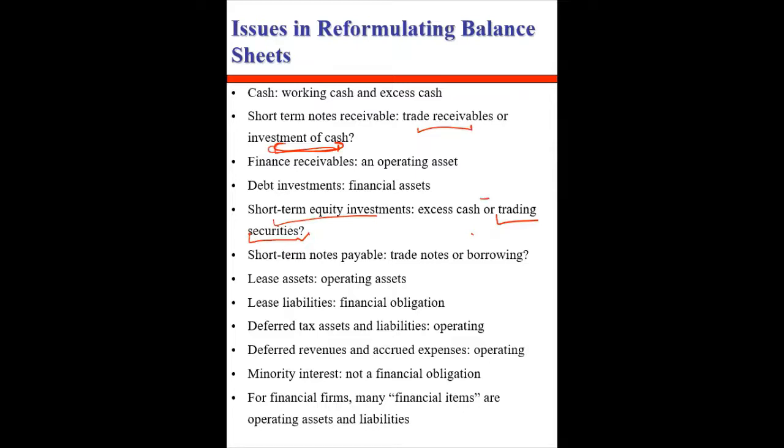These differences are temporary, and they arise because of accounting differences in calculating the carrying value and the book value, and these are considered operating. If it is deferred tax assets, it is considered an operating asset, and if it is deferred tax liabilities, it is considered an operating liability.